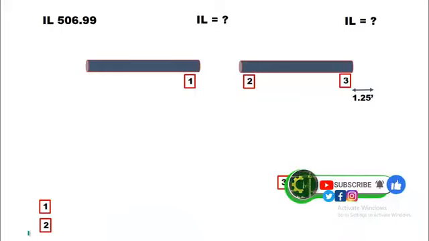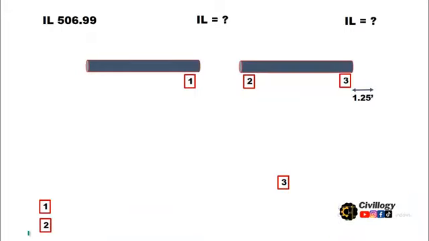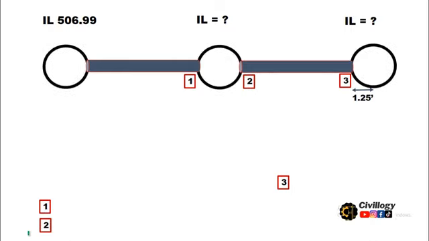So let's assume that we have two segments of pipes, the length of which is too long, so that we will have to provide manholes between these two segments of the pipelines. Let's assume this is the starting point, or you can say the first manhole.